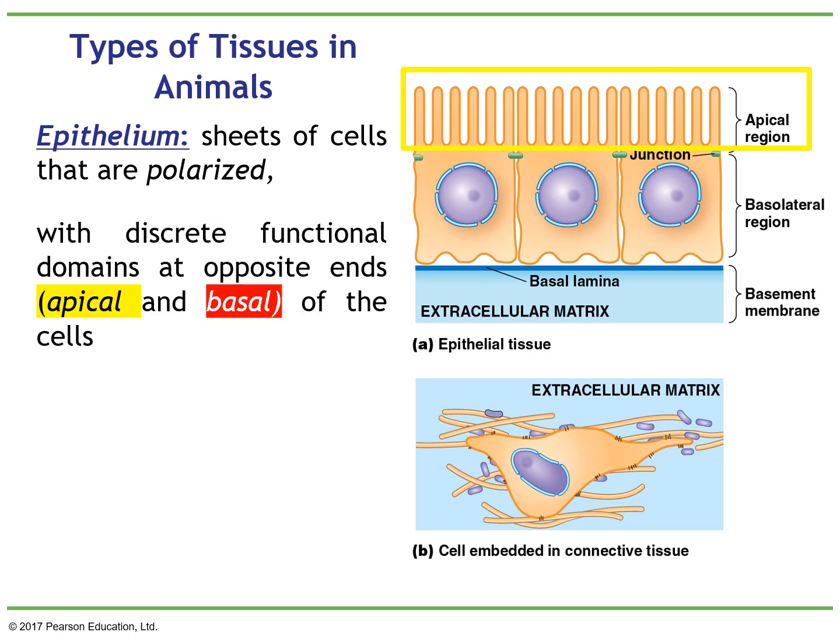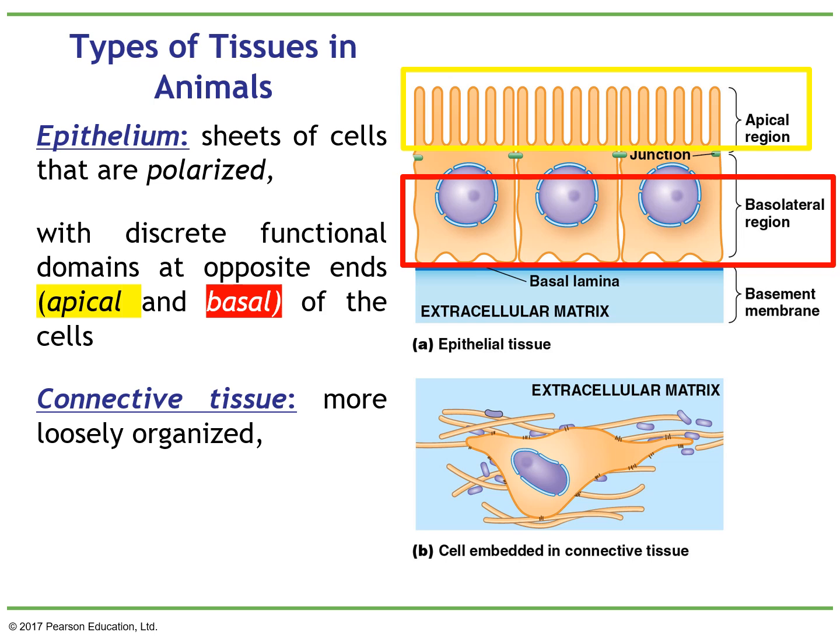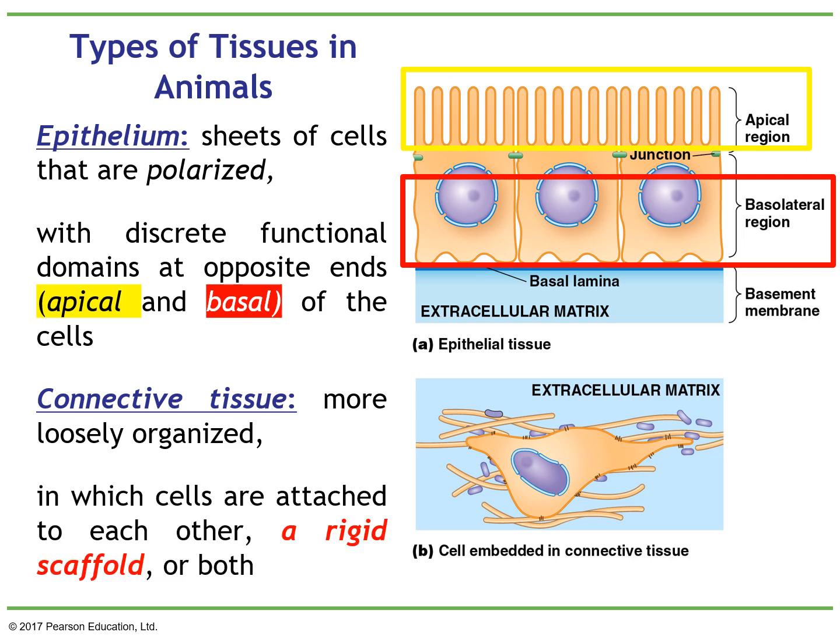Apical here, basal here, and the connective tissue will be loosely organized. So you might remember the blood cells, that they go individually. And for example, your bones, that you observed in some of the classes that I showed you with phase contrast microscopy, you saw them together.